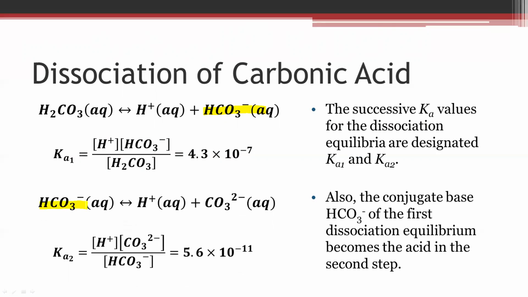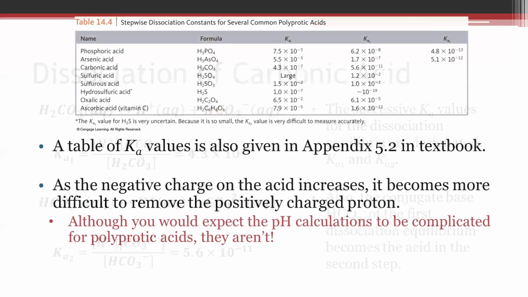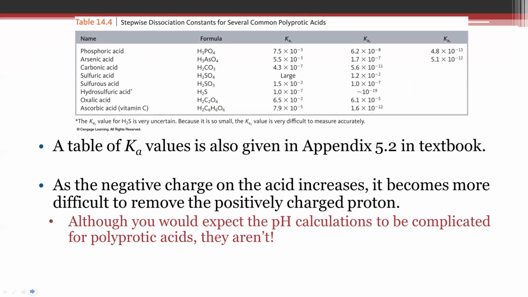And then when it's the acid in the next step, it can lose its second acidic proton to make the final conjugate base, the carbonate ion. And that's how you would be able to solve for and get the second Ka value. So this is just how that comes into play when you have these steps. So you have this table 14.4 in your notes where it has the series of the stepwise constants for some polyprotic acids.